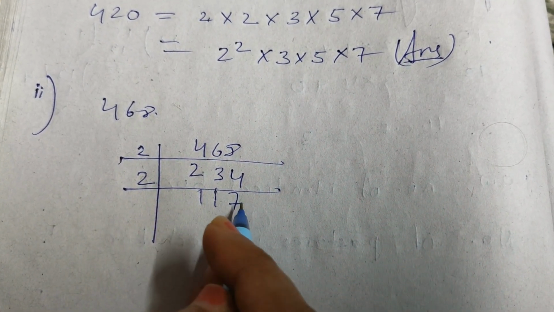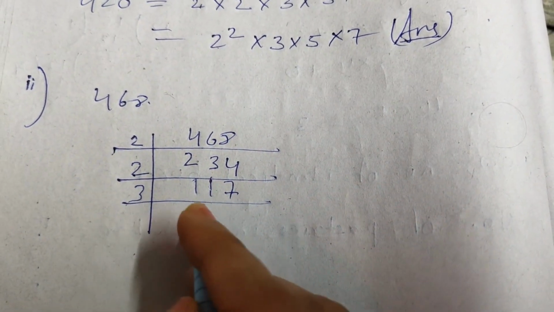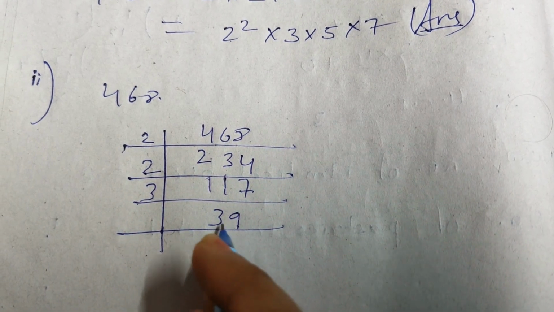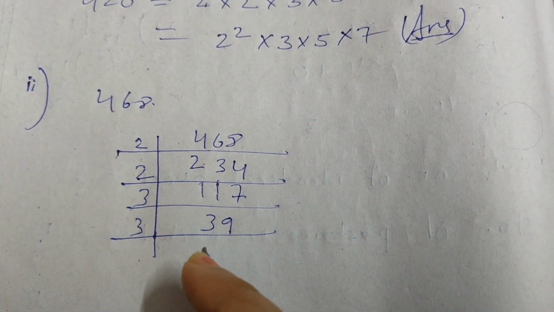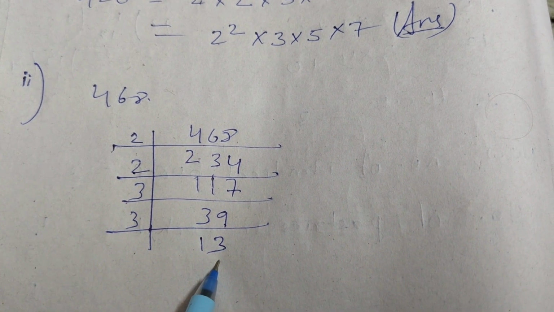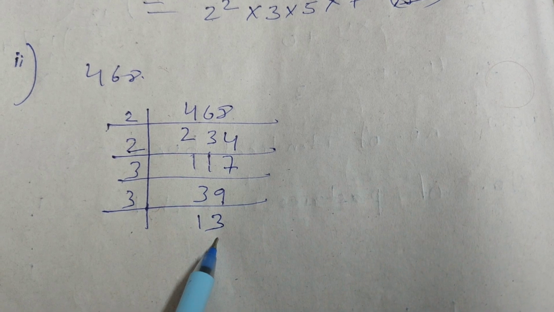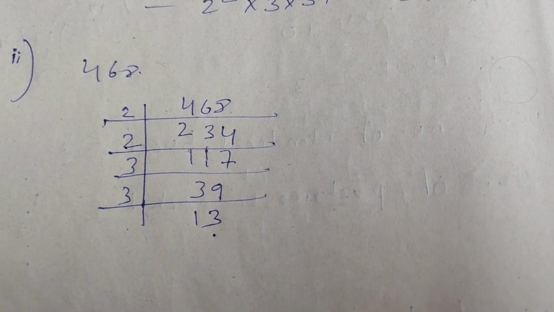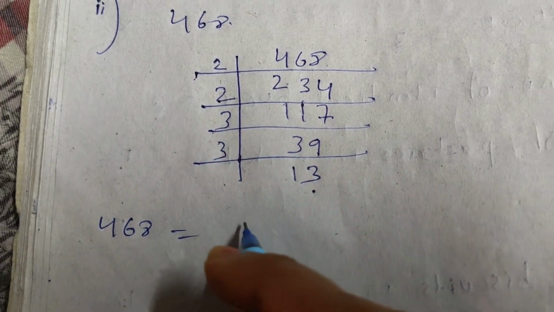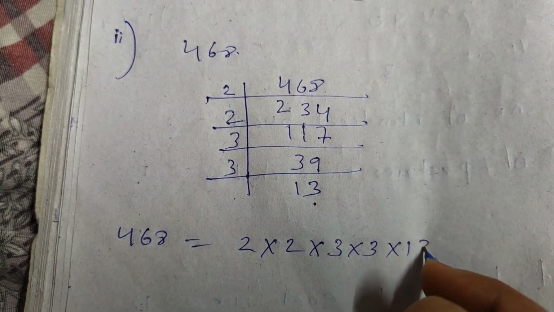Now 117 is not divisible by 2, so we do with 3. We get 39, so again it is divisible by 3. Now 13 is a prime number and it is divisible by itself, so we stop here. So 468 equals 2 into 2 into 3 into 3 into 13.